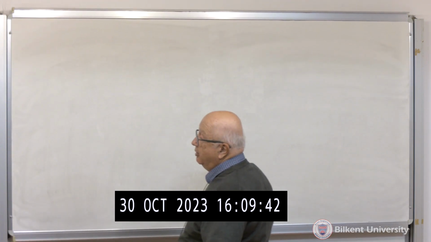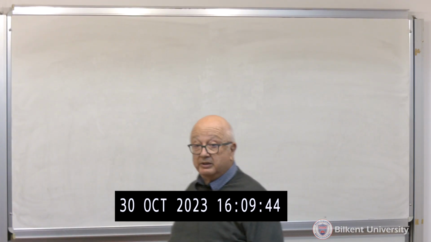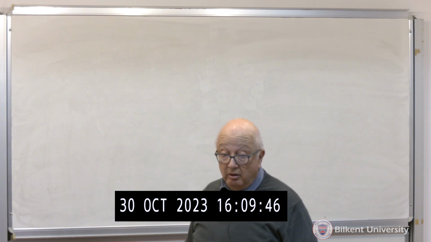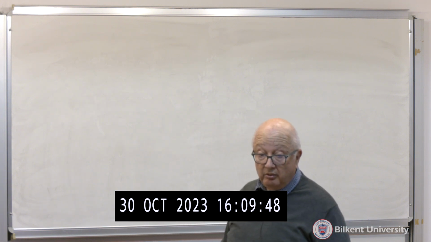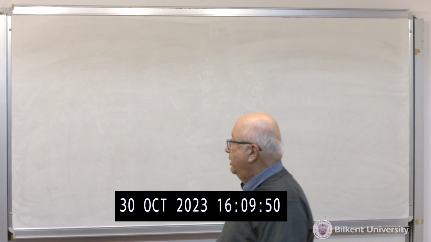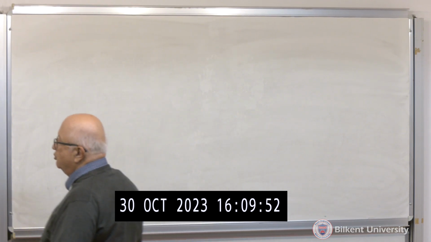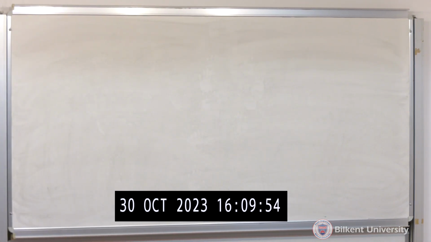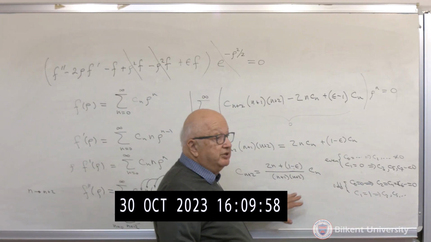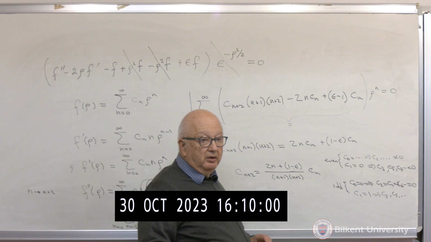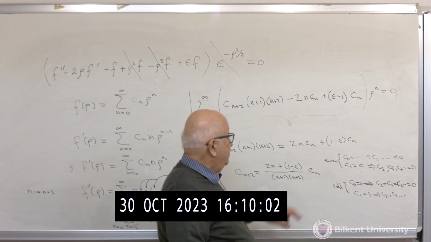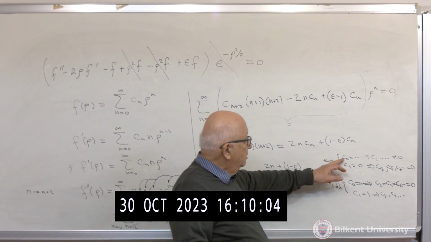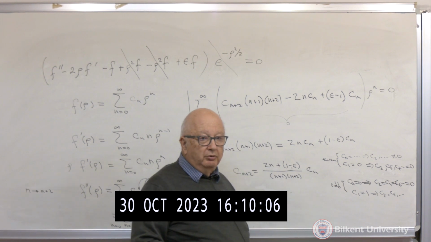Yes. How can we say that let's take C1 is equal to 0 or C1 is equal to 1? Okay, so these are possible solutions. The equation will be satisfied for any set of C's which satisfy this equation. Okay? So I could say take C0 equal to 0 and C1 equal to 0.